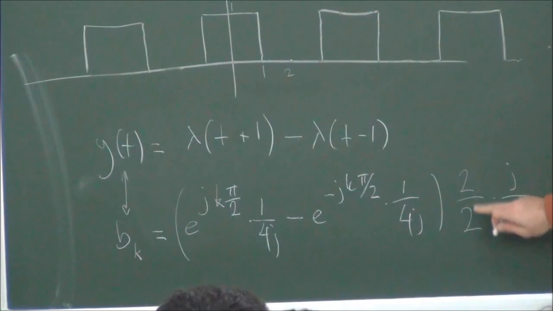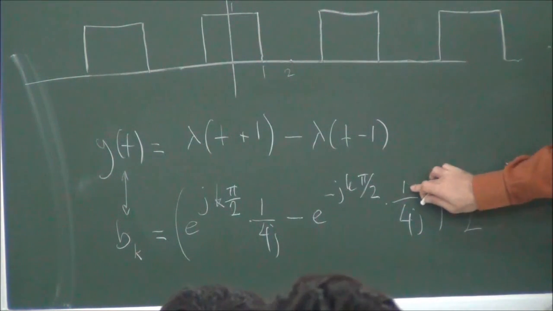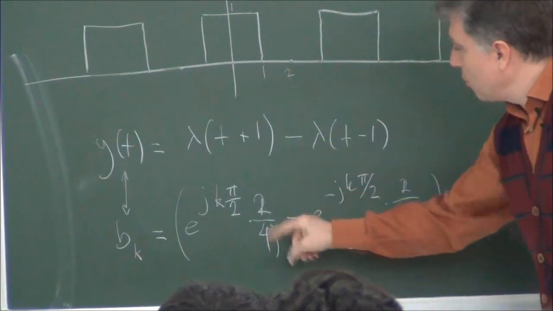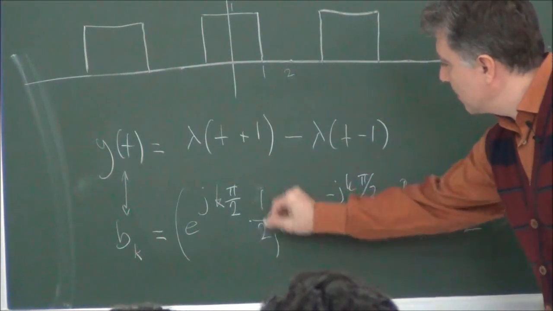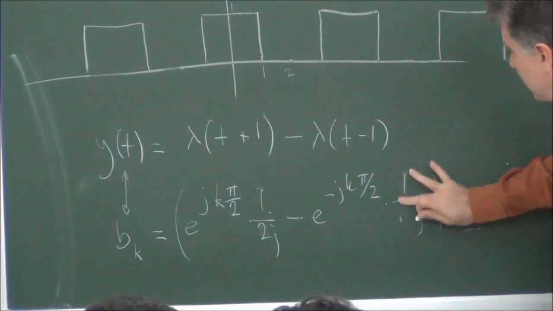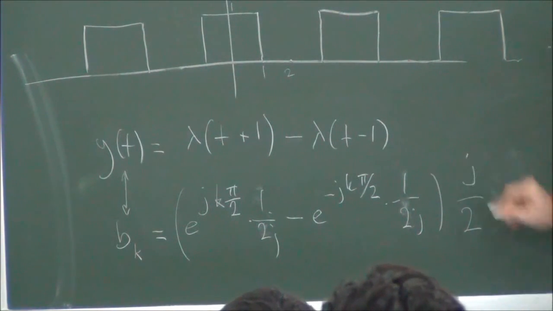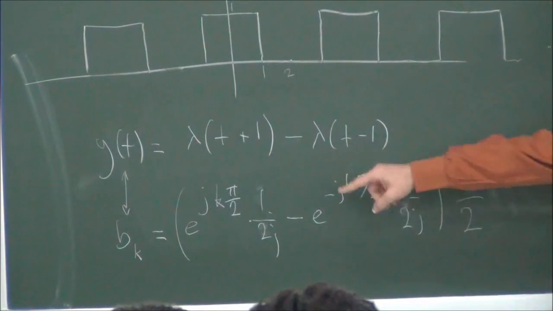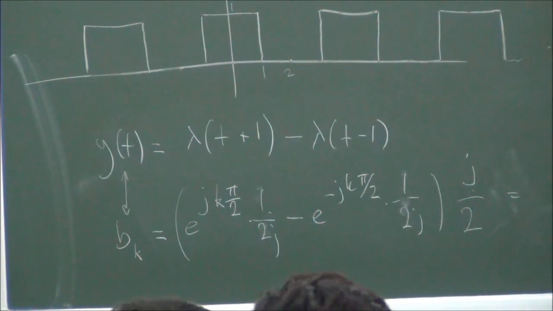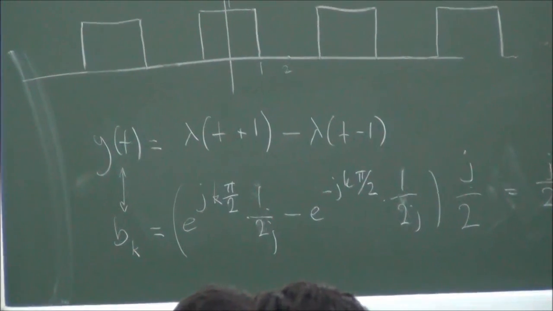This denominator will stay wherever it is, but this top will be inserted here, so it will be 2 over 4j, and 2 over 4j will become 1 over 2j. And therefore finally we multiply it by j over 2 then. And now this is a plain sinusoid.